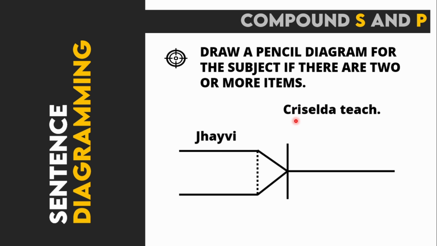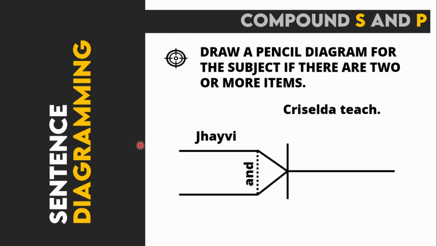Okay, so now we proceed with the word and, which will be put here at the side of the dotted line. Sir, or ma'am, why would it not be inside the triangle? It's not inside the triangle because it does not use a correlative conjunction, for example, both and. Both JV and Griselda teach.